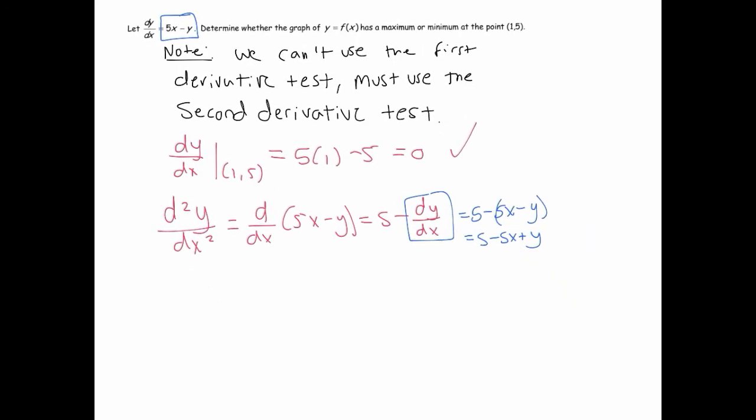So now we evaluate the second derivative at the point we're interested in. So that's 5 minus 5 times 1 plus 5, and that equals 5. And 5 is greater than 0, which means our graph is concave up.